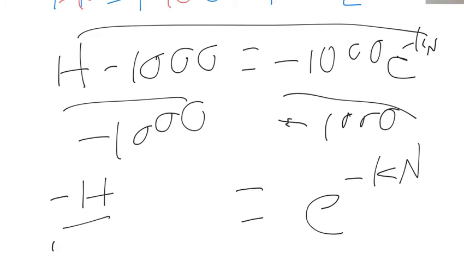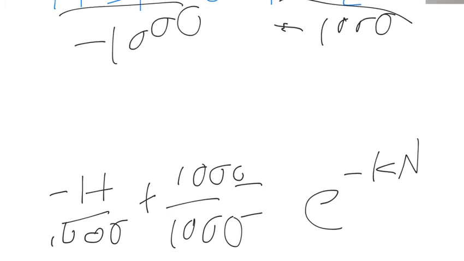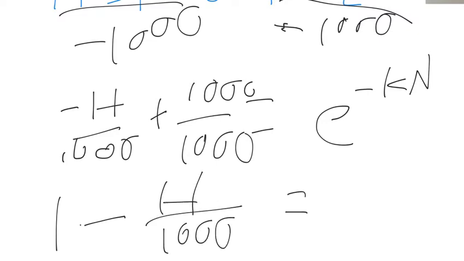Negative h over 1,000, or h over negative 1,000, doesn't matter, and then negative 1,000 divided by negative 1,000, which would be plus, since the negatives would cancel out, plus 1,000 over 1,000. So that would simplify to, the 1,000 over 1,000 is of course 1, minus h over 1,000 equals e to a power of negative k times n.